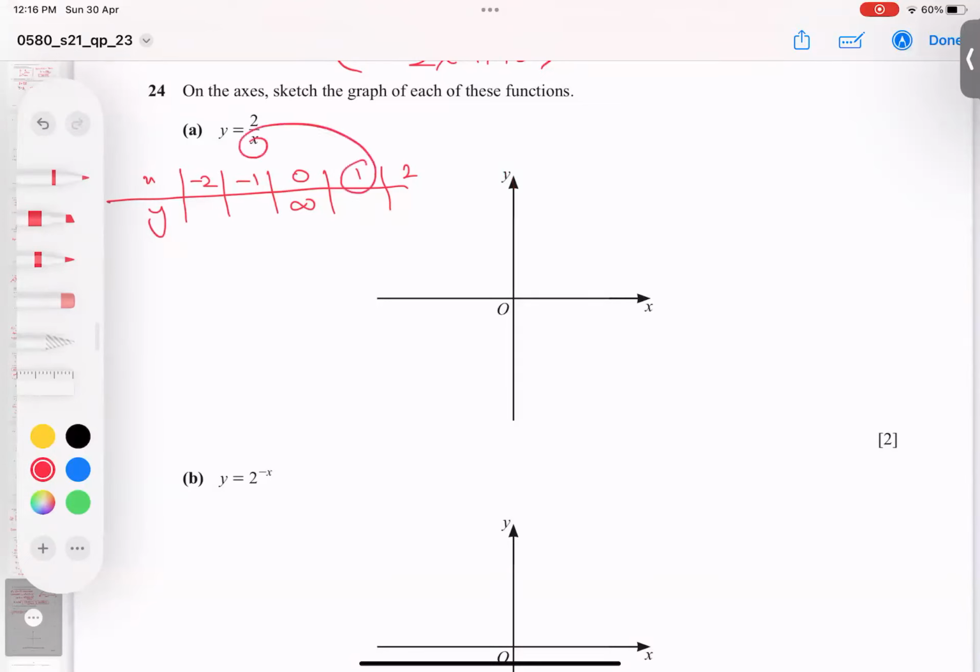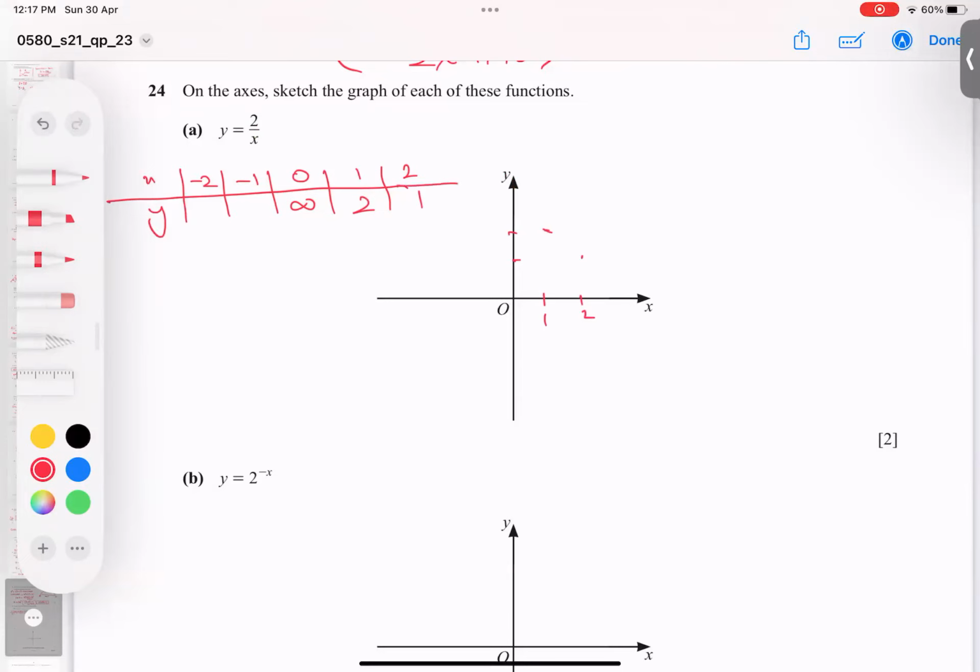But when you plug in 1 here, you get 2. And when you plug in 2 here, you get 1. If x value is 1, you get 2, which is slightly up here. And if you plug in 2, you get 1. So these 2 values are not helping you.